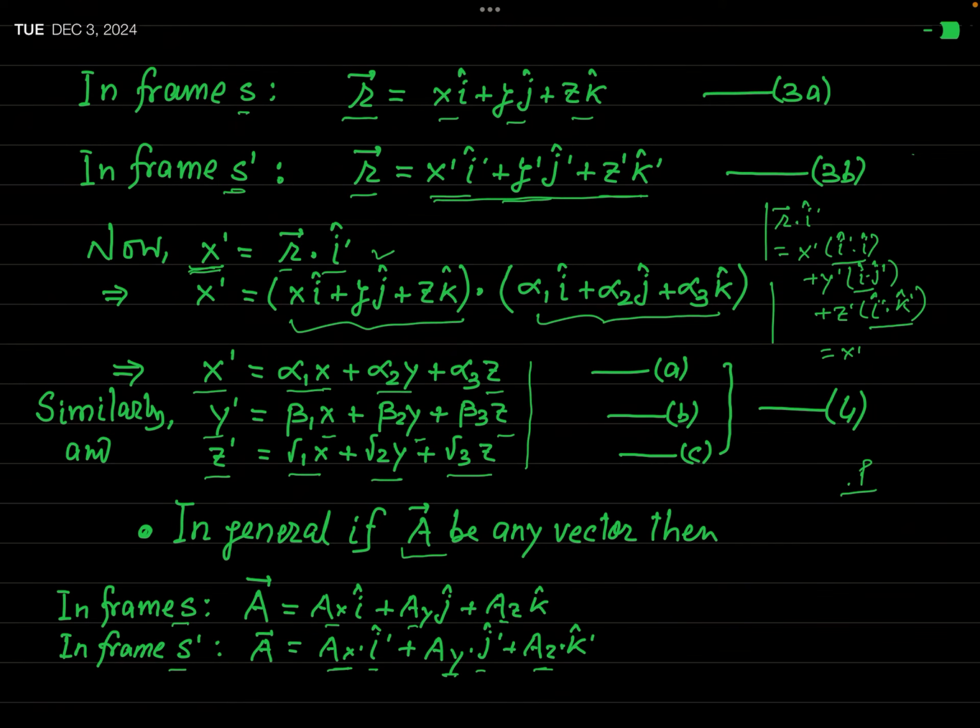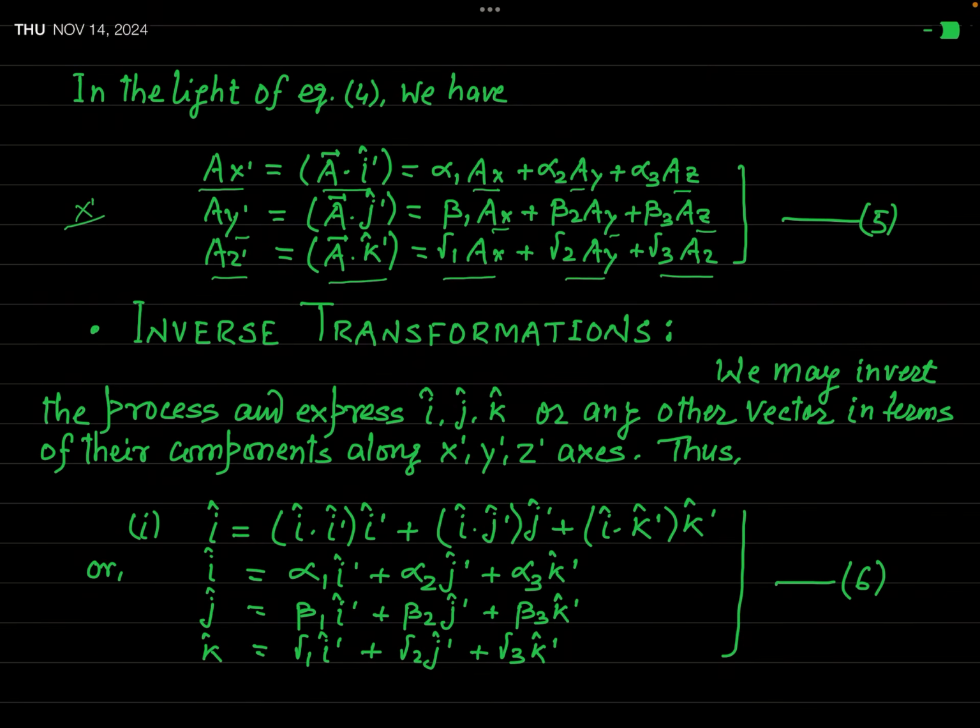So I have told you that we can express the components of a vector in one coordinate system in terms of its components in another coordinate system on the basis of this equation 4. But I have told you that inverse transformations are also possible.